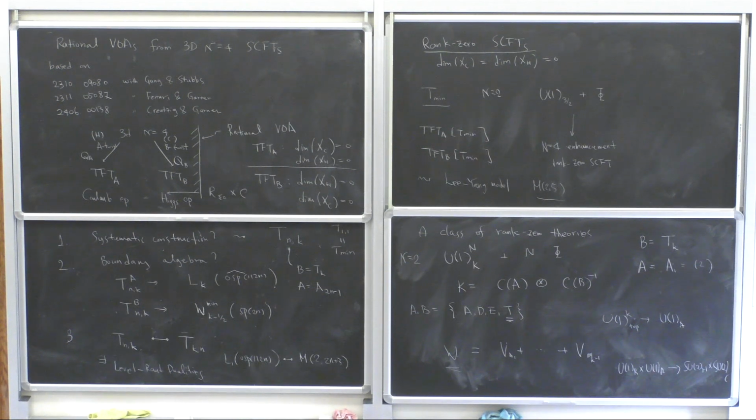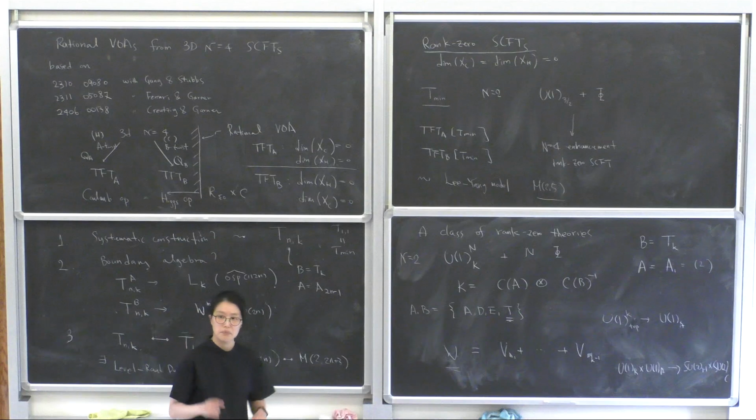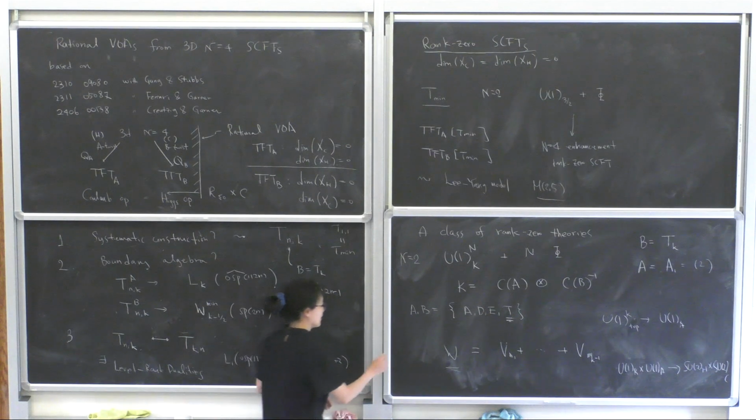You can also try to draw a quiver for each theory: each node corresponds to a U(1) factor, and arrows correspond to linking between nodes, which corresponds to Chern-Simons levels. For k equals 1 and N equals 1, it's just one node.